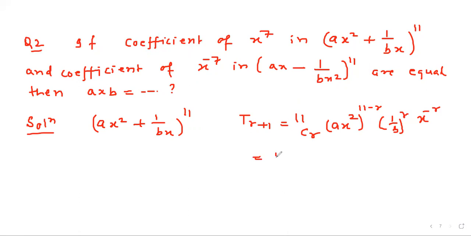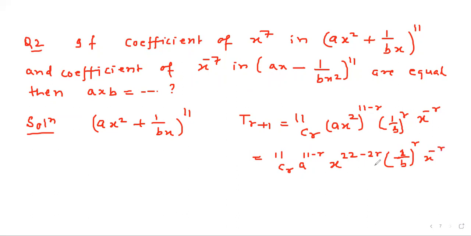So this will be equal to 11Cr a power (11 minus r) x square, that is when 2 will be multiplied, it will become x power (22 minus 2r), times 1 upon b power r times x power minus r.